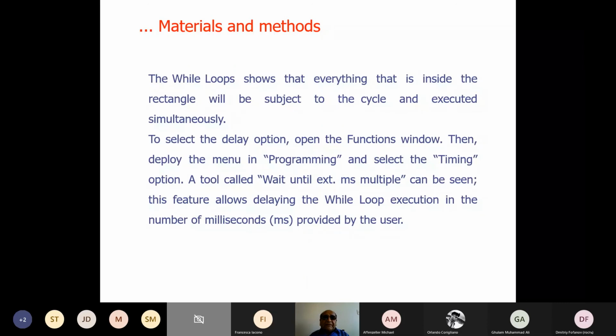A tool called Wait Until Next ms Multiple can be seen. This allows delaying the while loop execution by the number of milliseconds provided by the user.